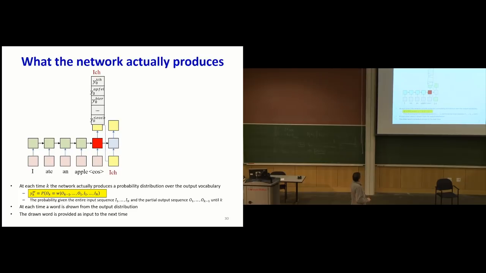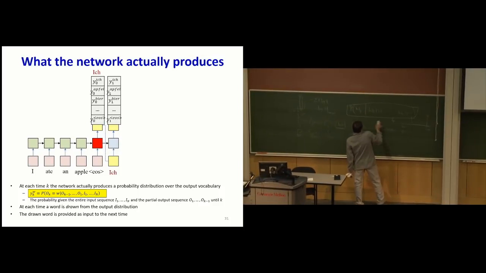And as a result, at the next instant, you're going to have some other probability distribution. What is the probability distribution now? It's no longer the same one, because at this point, there's some extra information.